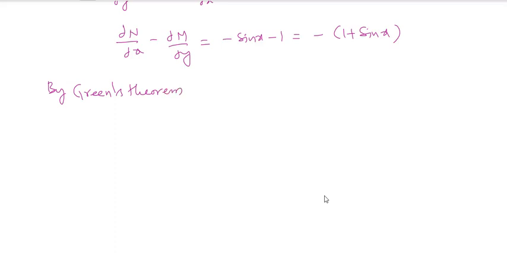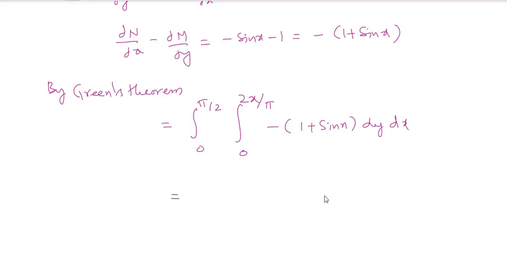that integral will be, by Green's theorem, directly I am representing integral x from 0 to pi by 2, y from 0 to 2x by pi. So minus of (∂N/∂x minus ∂M/∂y). Directly I am substituting because I did it in the earlier problem. So minus of 1 plus sin x into dy dx. Try to solve this. Minus outside, integral 0 to pi by 2, with respect to y I am doing.